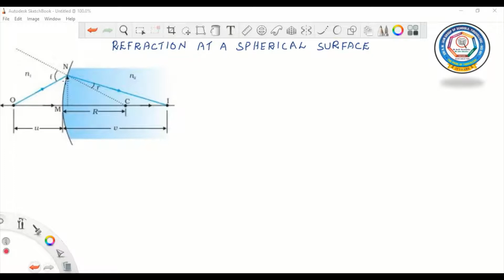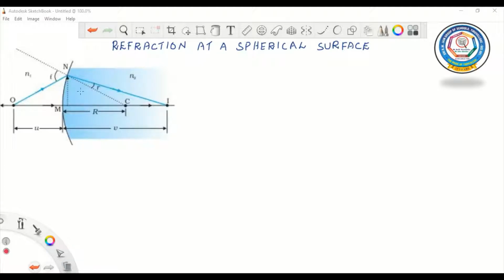So this ray is our incident ray. The other medium has refractive index N2.